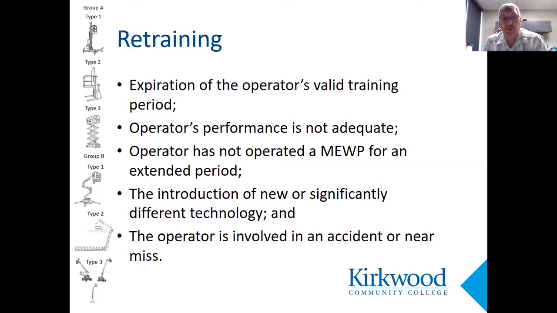On some of this retraining, that somebody does something bad, or they're just not up to par, you don't necessarily have to retrain on everything, just on that specific item. You don't have to retrain everybody in the company. That happens sometimes. If somebody messes up, then everybody gets retrained on it. It's not a bad idea to retrain the person and just re-emphasize the point that you're retraining them on, not pinpointing them out either.